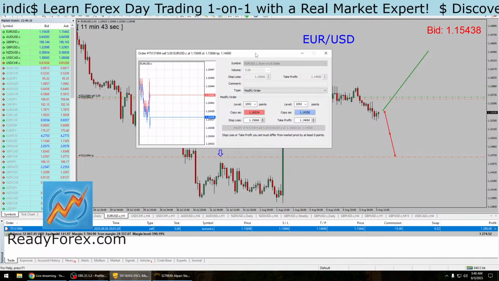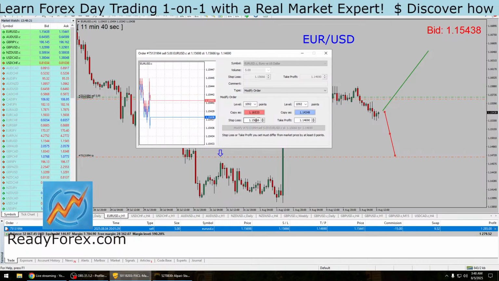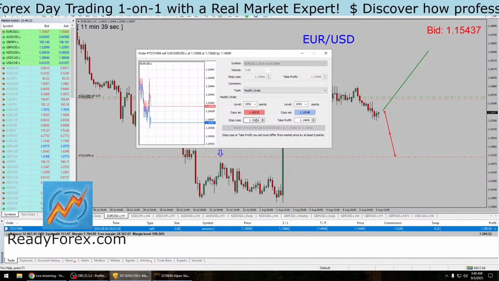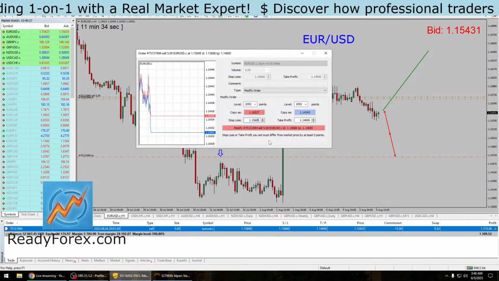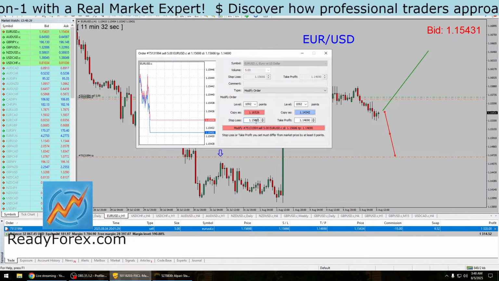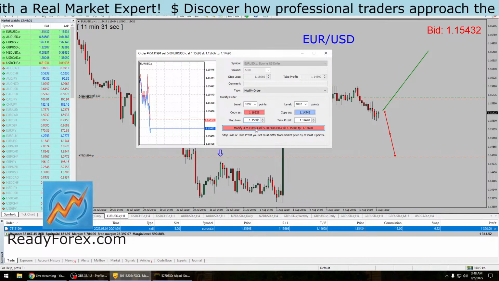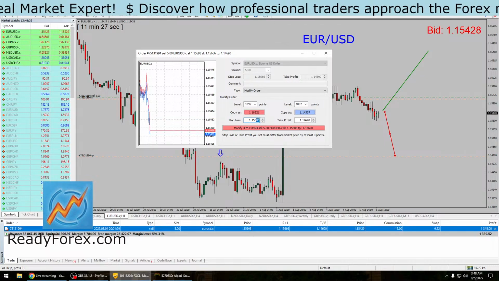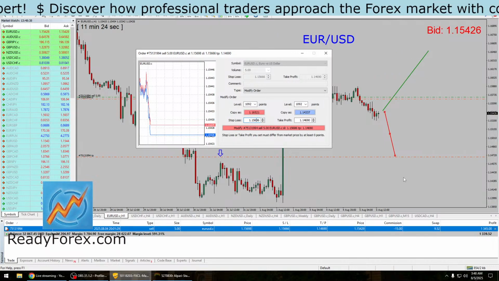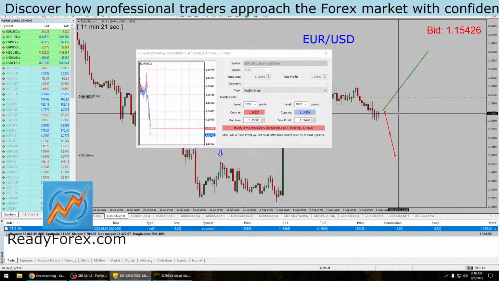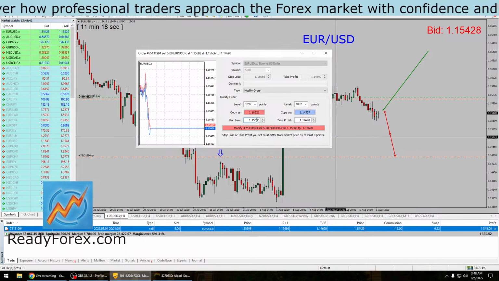Stop loss is present at 66, so I'm going to move it down to 68. 1.15. No, it's wrong. It's not 60. It should be 60. It's going down, so 1.15. It's going to be 62.